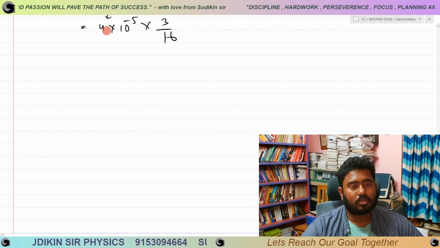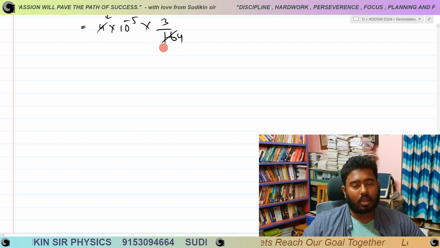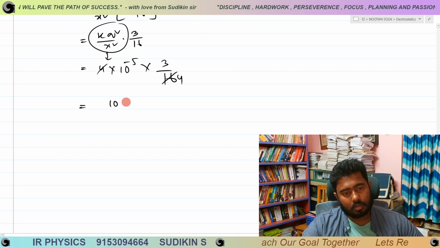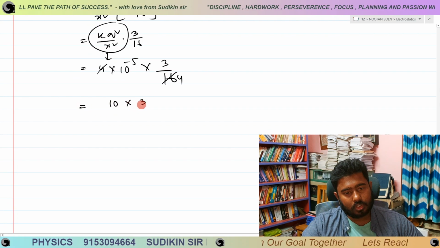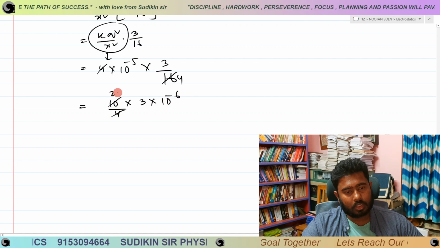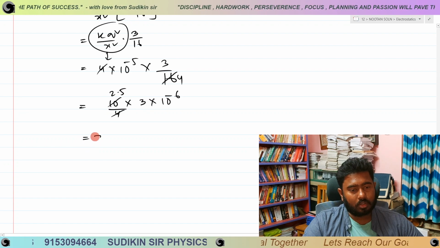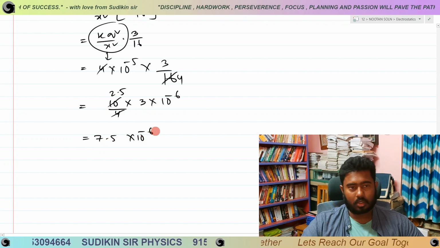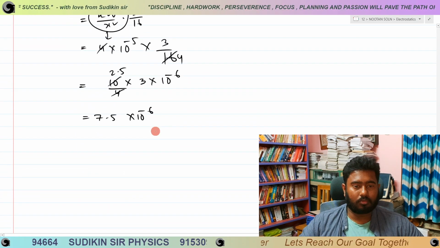So this is 3 into 10 to the power minus 5 by 4, which becomes 7.5 into 10 to the power minus 6 Newton.